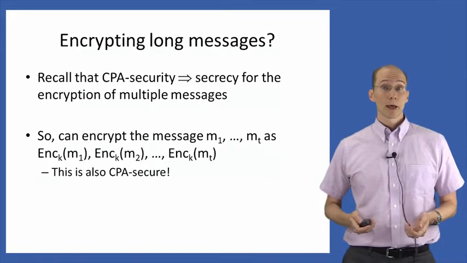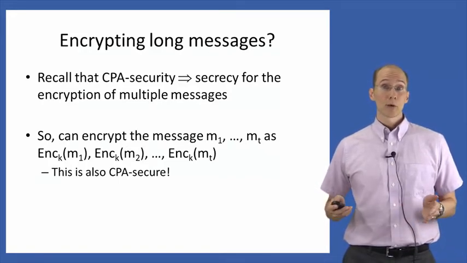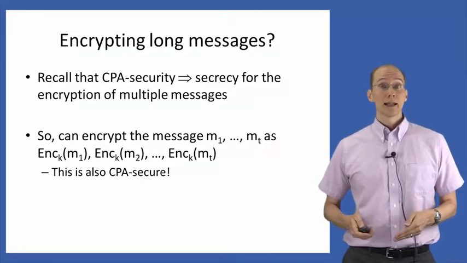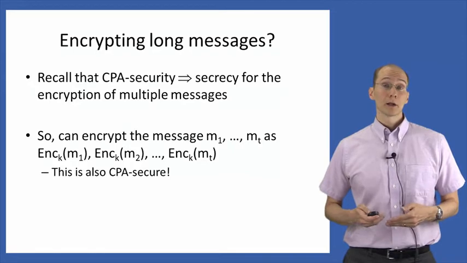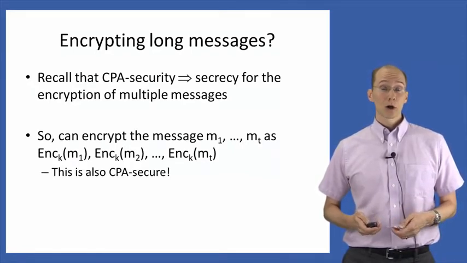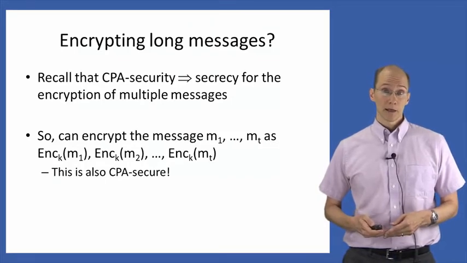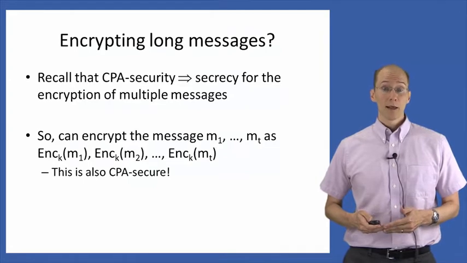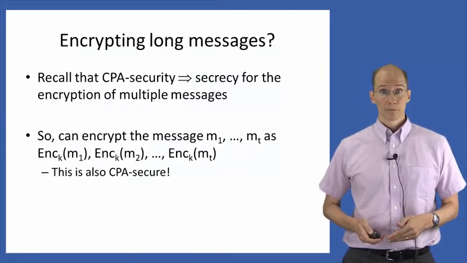That is, we'll take our message and split it into a sequence of blocks, M1, M2, etc., up to MT. And then we take each block and encrypt it using the CPA-secure encryption scheme from last time. And it follows, because the encryption scheme is CPA secure, and therefore is secure even when used to encrypt multiple messages using the same key, that this new encryption scheme, defined now for arbitrary length messages, is also CPA secure.